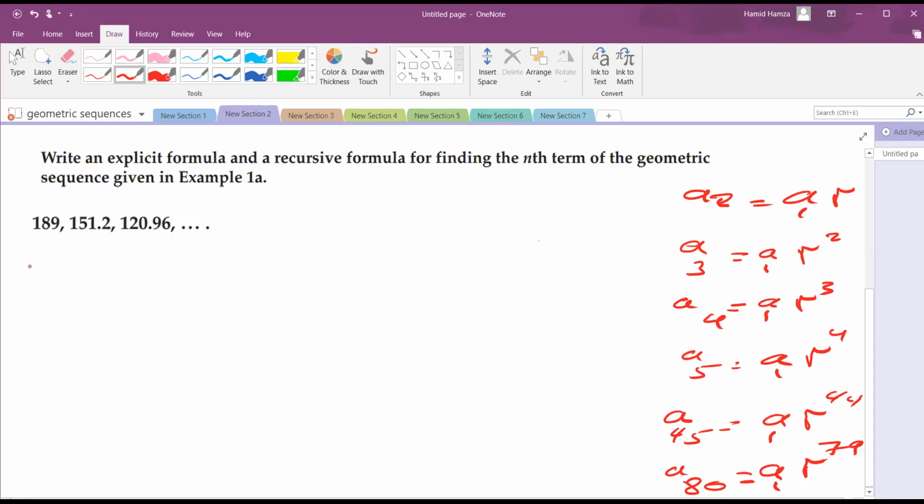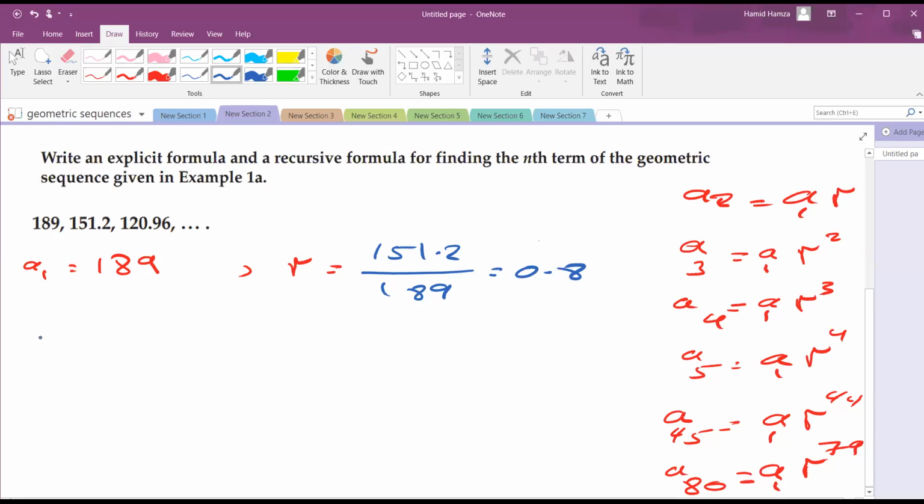So we need first to find A1, which is 189. Then we wanted to find the common ratio, which is R. So we will divide 151.2 divided by 189. So what is the answer? 0.8. Very good. So this is R.